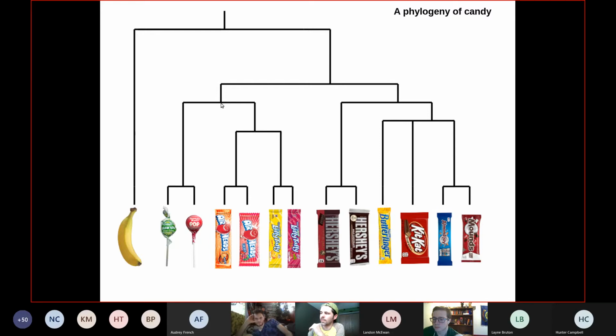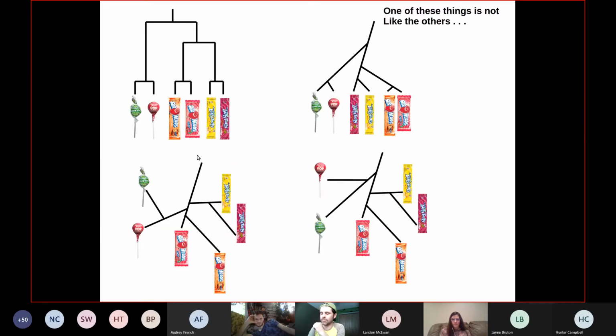They all go back to a common thing. So is that a clade, or what's a clade? A clade is any group that you want to draw. We'll get to that in 2 slides. But first, I want you to tell me which one of these phylogenies is different from the other 3.